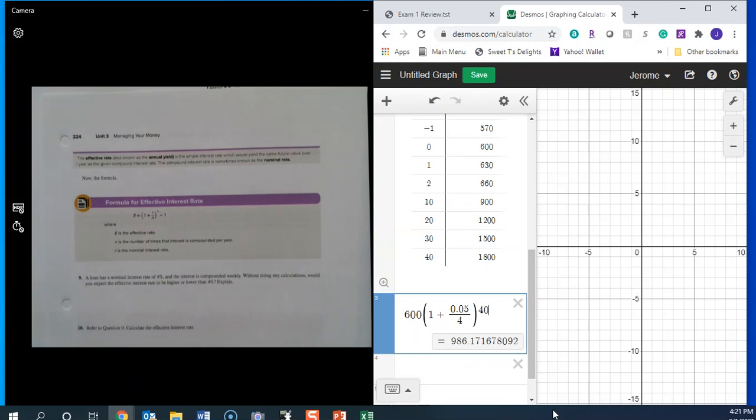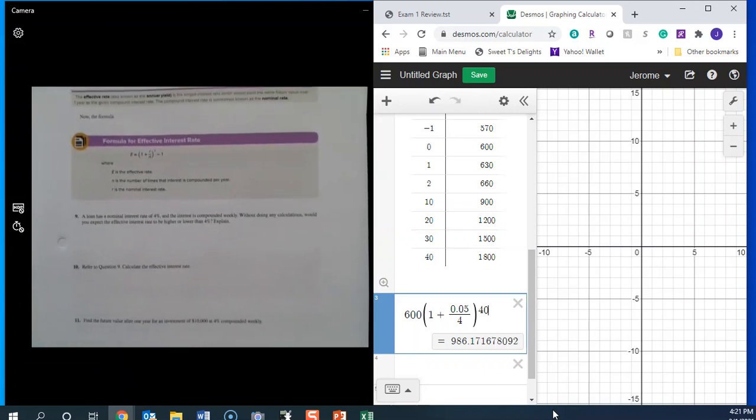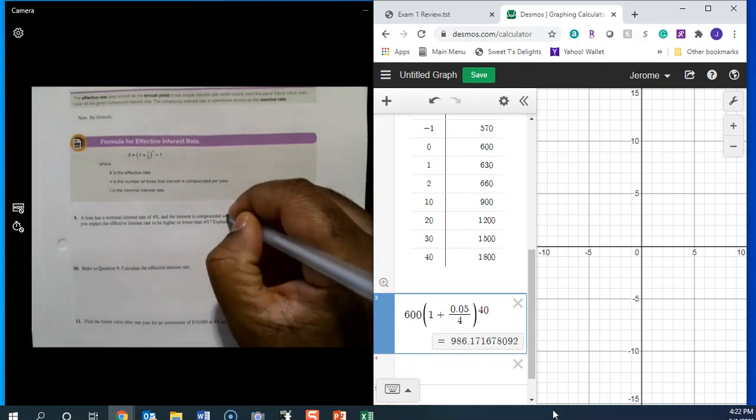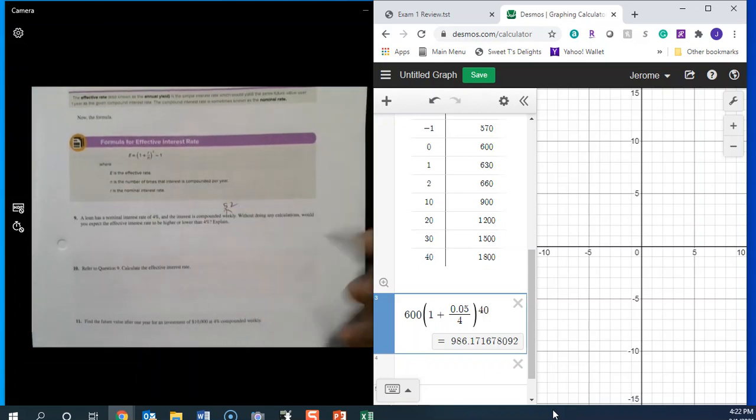Okay, number 9. A loan has a nominal interest rate of 4%, and the interest is compounded weekly. Without doing any calculations, would you expect the effective interest rate to be higher or lower than 4%? Okay, it's compounded weekly. So that means it compounds 52 times.